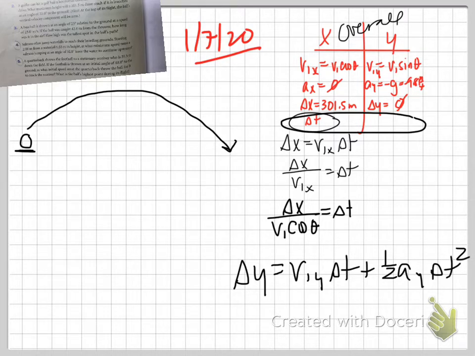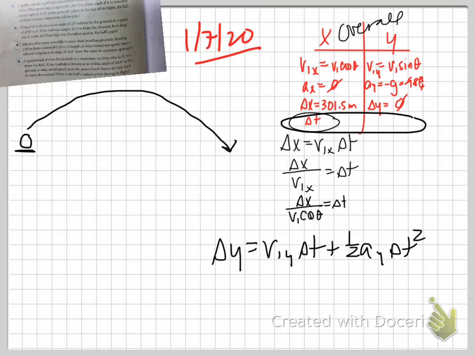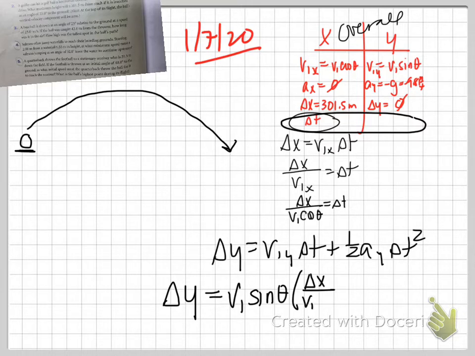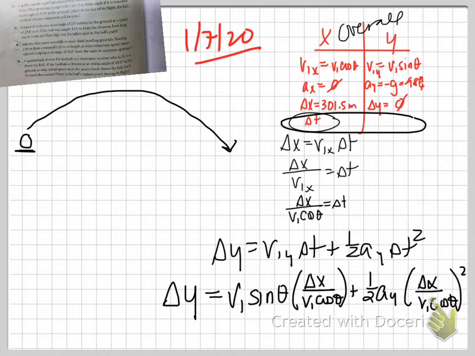So I can plug in my delta t value there and my expressions for VIy. Times delta x over VI cosine theta plus 1/2 a sub y over delta x VI cosine theta quantity squared.